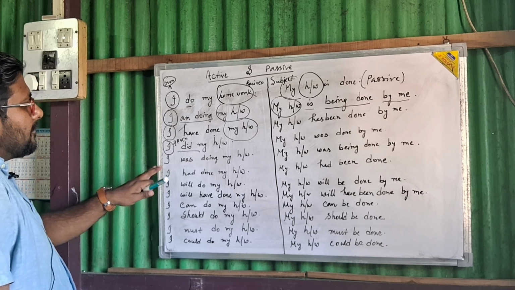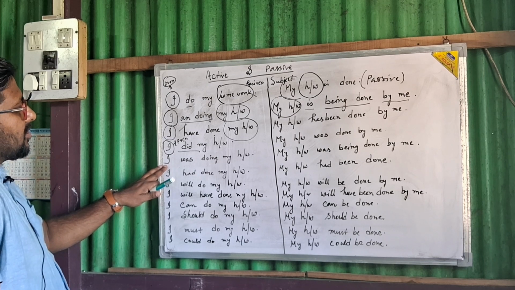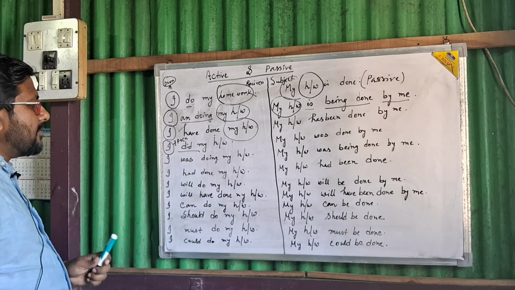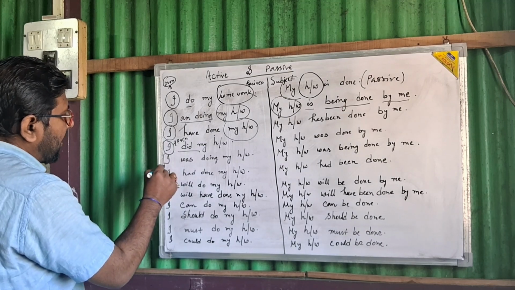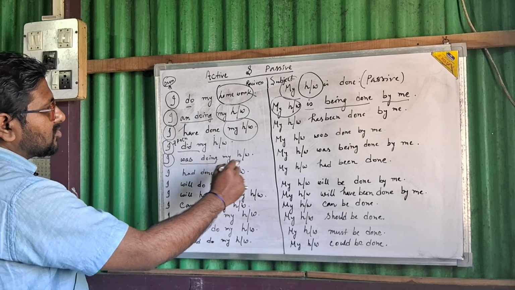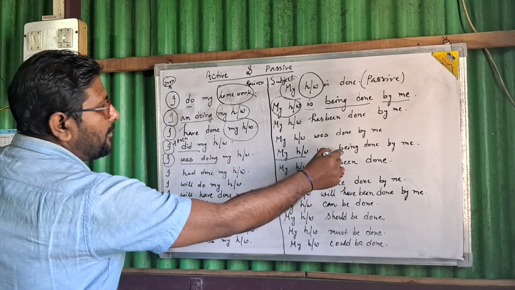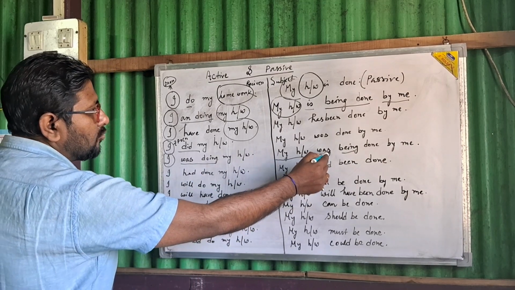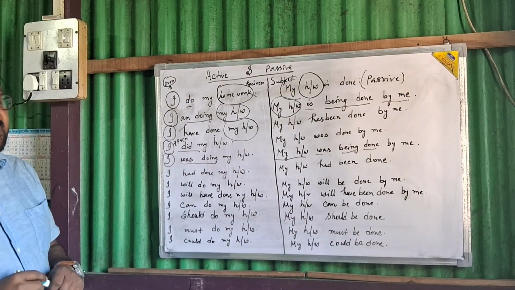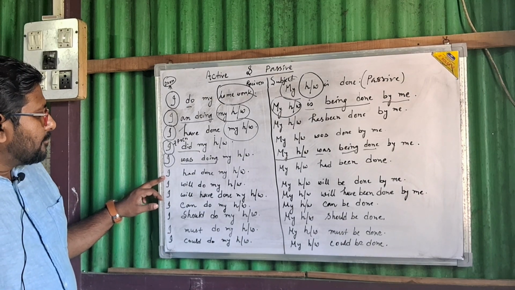Okay, let's get back to the past continuous one. So what is past continuous? I was doing my homework. So I, being once again the doer of the action, "I was doing the homework" is past continuous. So my homework, once again I made it the subject, was being done. "Doing" will change to "was being done by me". So it's very simple. Once again, let's go to past perfect.